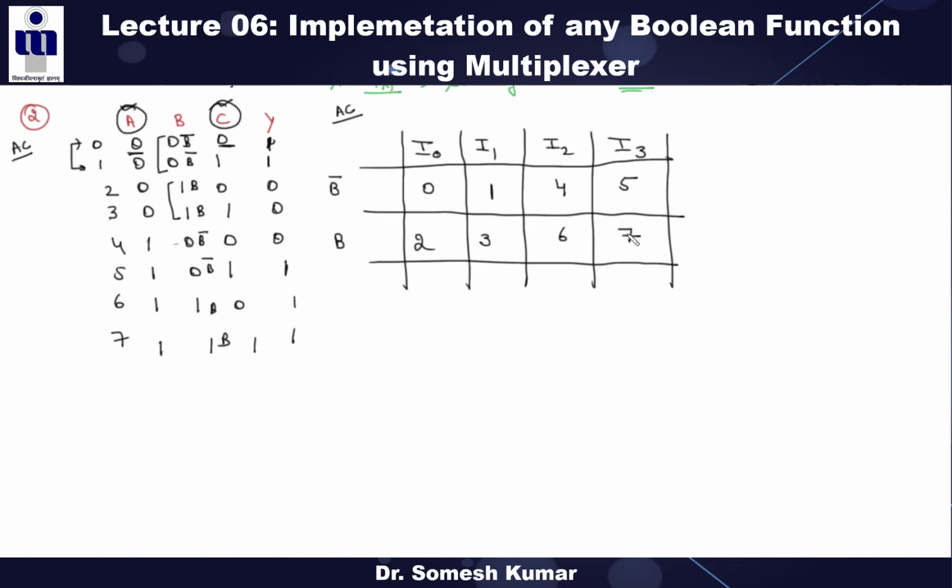Clear? You have to do the numbering like this. At the 0th and first position, this is B bar. Next, the second and third, this is B. Again for the next 4 and 5, this is B bar, and again 6 and 7, this is B. Clear?